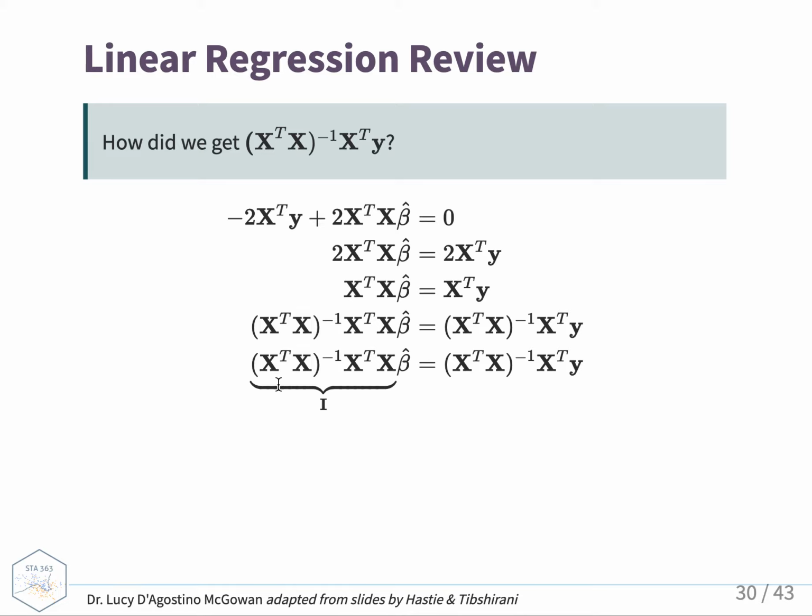Here we've got x transpose x inverse times x transpose x, and per our matrix fact, this is just equal to the identity matrix. And so we end up with the identity matrix times beta equals x transpose x inverse x transpose y. And of course, the identity matrix times anything is just equal to the thing itself. And so now we know that beta is equal to x transpose x inverse x transpose y. So that is our estimate for beta hat. There you have it.